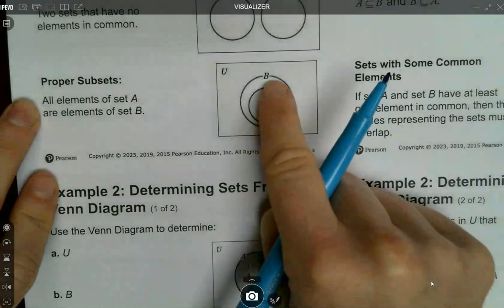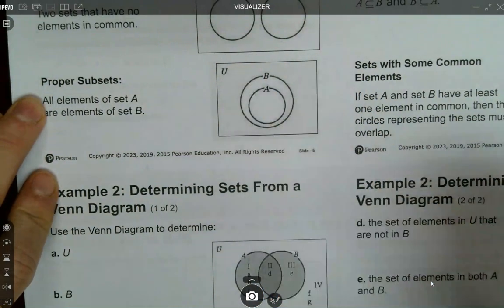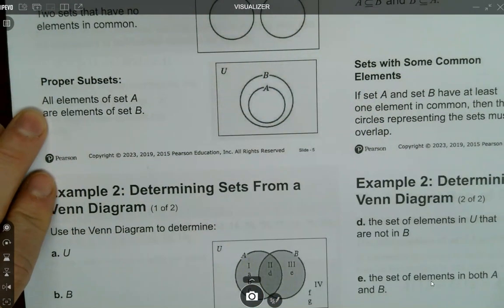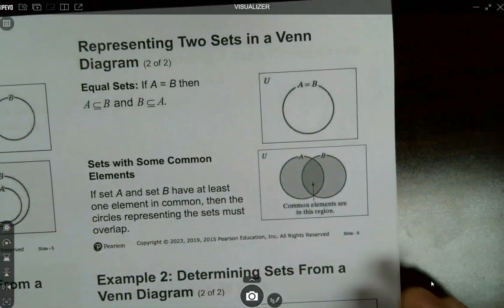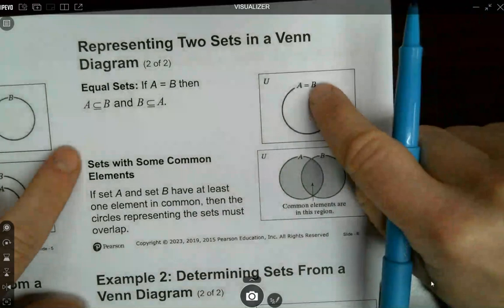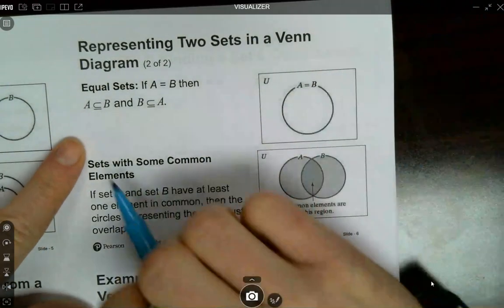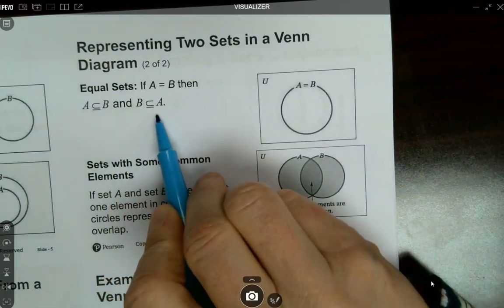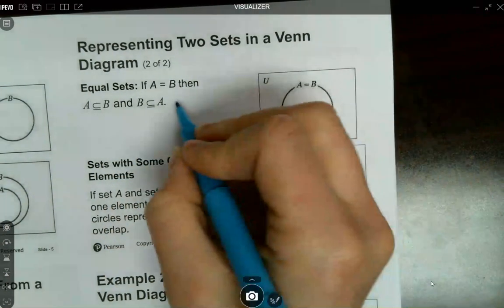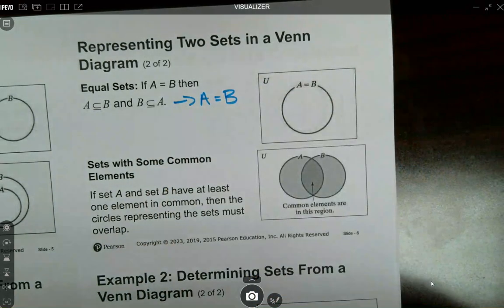It's where all of A is in B. So all elements of set A are elements of set B. A equals B: if they are the same, then A is a proper subset of B and B is a proper subset of A. This means A equals B if they're subsets of each other.